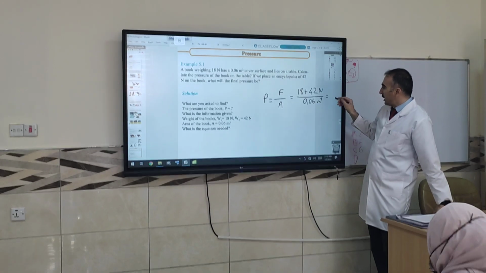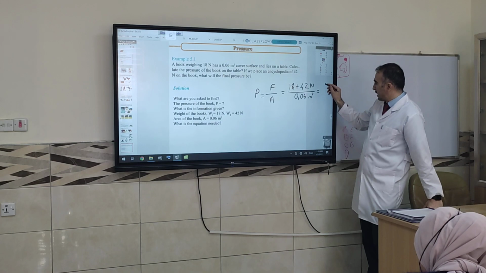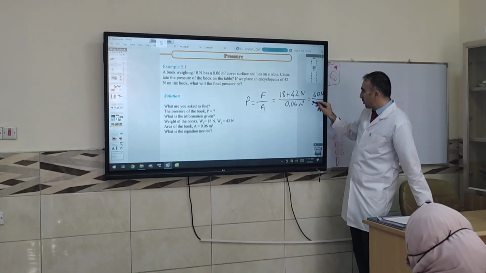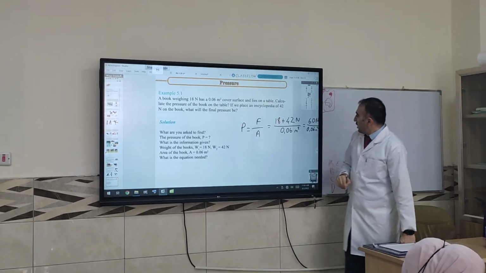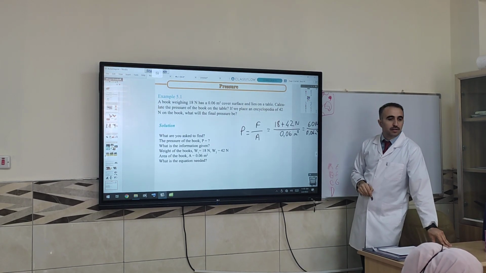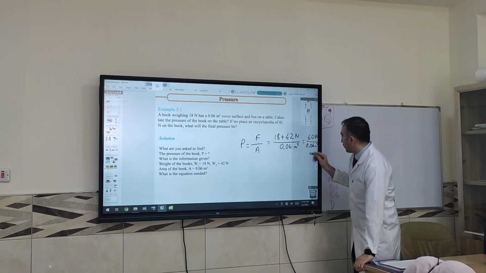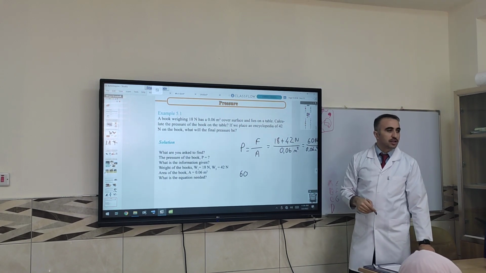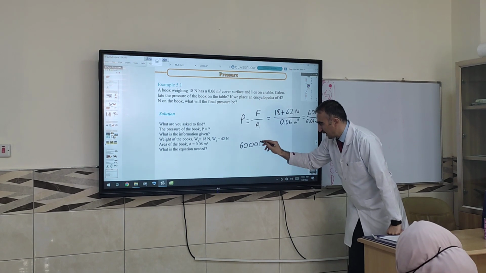Now, 18 plus 42 equals 60 Newton over 0.06 meter square. How many times should we move decimal? 2 times again. It means we should add how many zeros upside? 2 zeros. 1, 2.